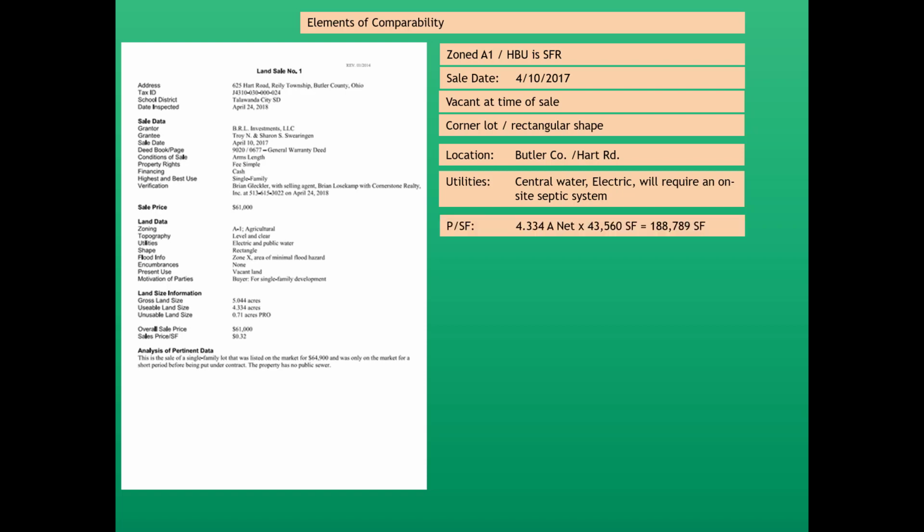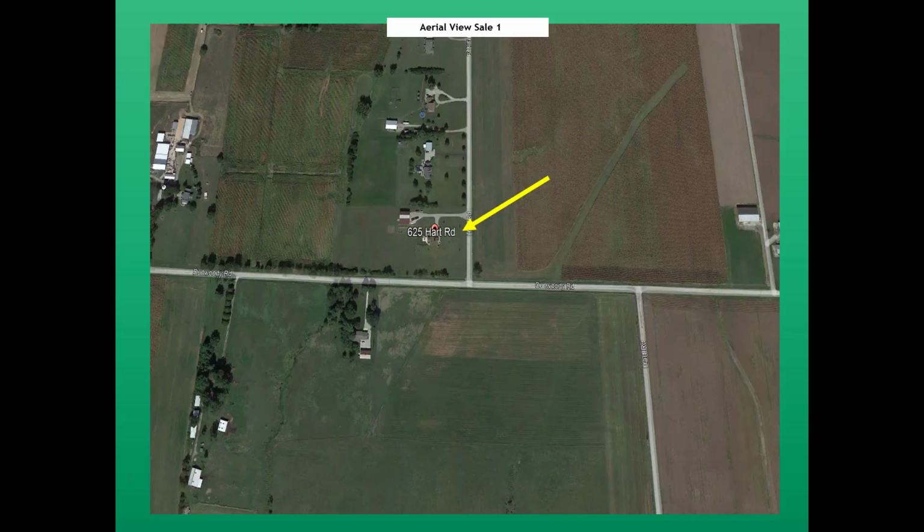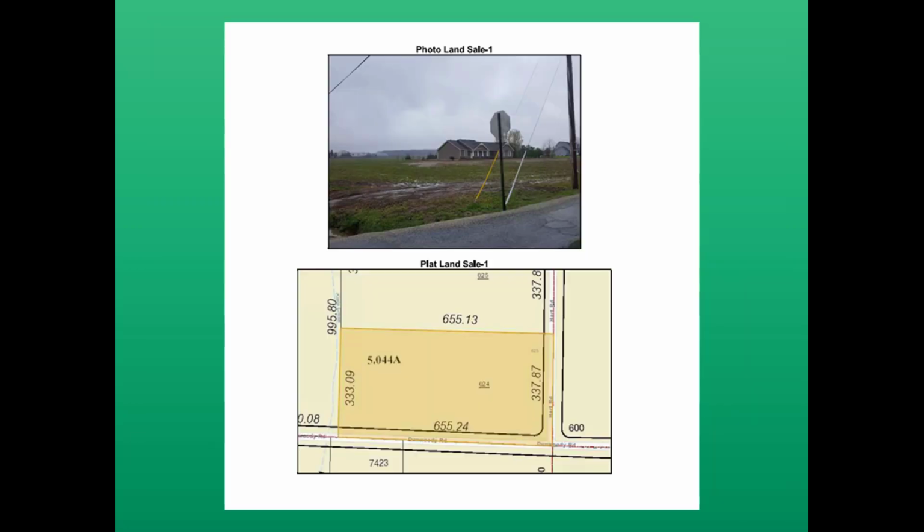The price per square foot is 32 cents, and the price per acre is $14,075 per acre. Here's an aerial view showing where that property is located. Here is a photograph of the property and a sketch of the property.